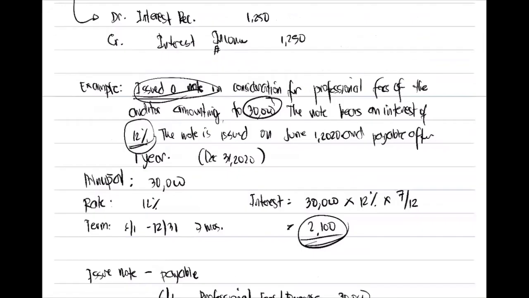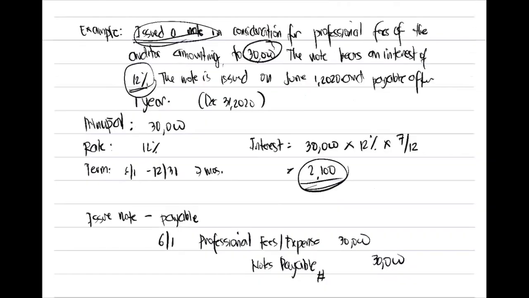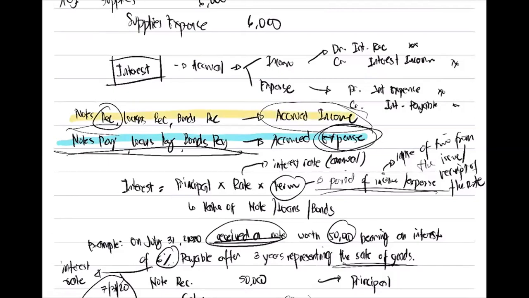Sir, why did we recognize an interest expense? Remember guys that we go back here. Interest expense is recognized if there is a notes payable, loans payable, or bonds payable. Ayan siya, expense siya. Pero magiging asset siya or income pagka receivable, loans receivable, or bonds receivable.